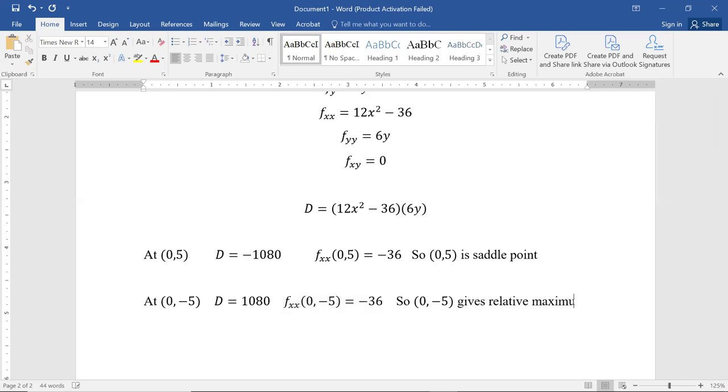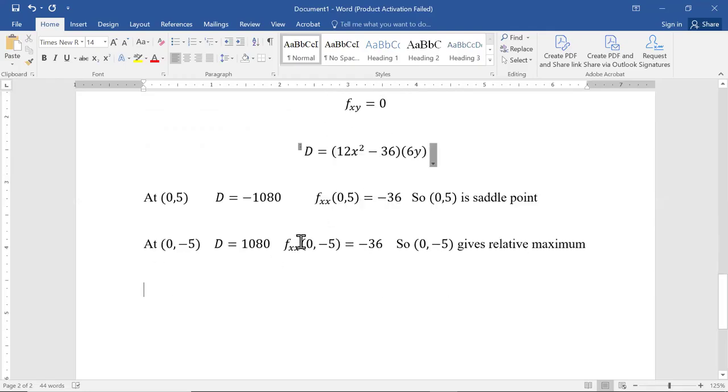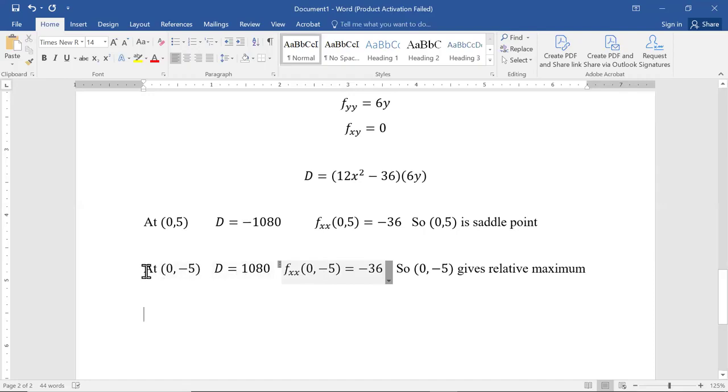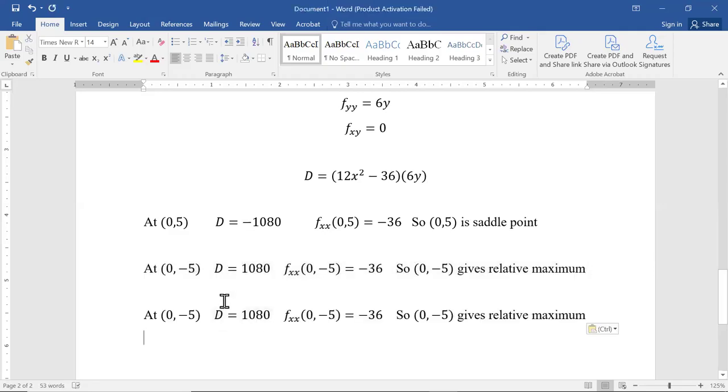Try and do this on one line. Okay. And we just have to go through all of our points. So all of our critical points. We have 1, we've done 2 now. Now let's go on to (3, 5), and then we'll go on to (3, -5). So I'm going to do a copy and paste so I don't have to rewrite everything every time.